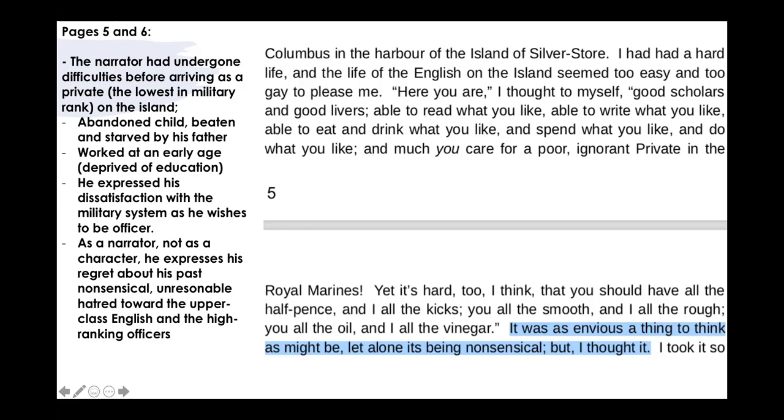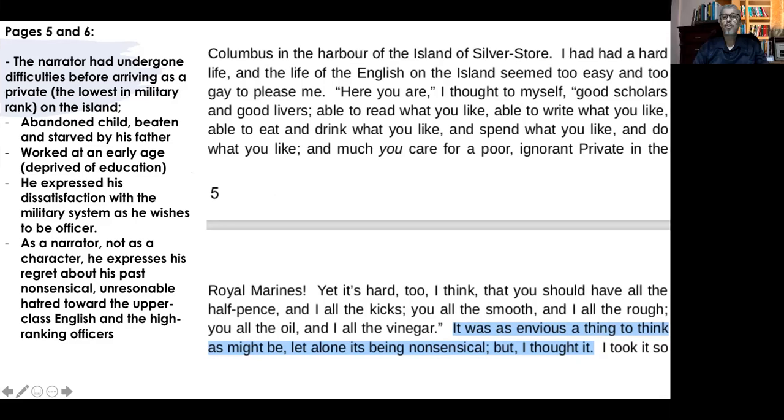Let's just go, please follow this cursor, ladies and gentlemen. Let's go to the comments in here. The narrator had undergone difficulties before arriving as a private. Private means the lowest in military rank, right? On the island. Now, he said, I had a hard life.